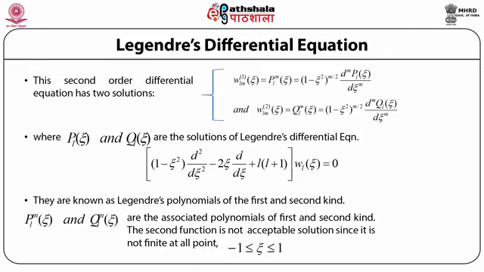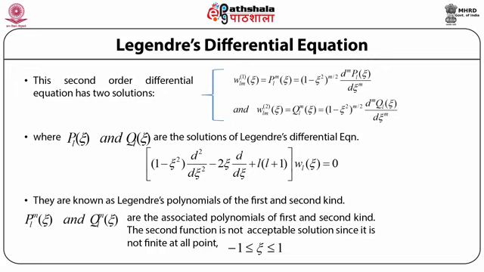So using this definition, we can write down WLM superscript 1 as a function of xi equal to PLM xi, and this is equal to within brackets 1 minus xi square, whole to the power m by 2, times the mth derivative of PL xi with respect to xi.